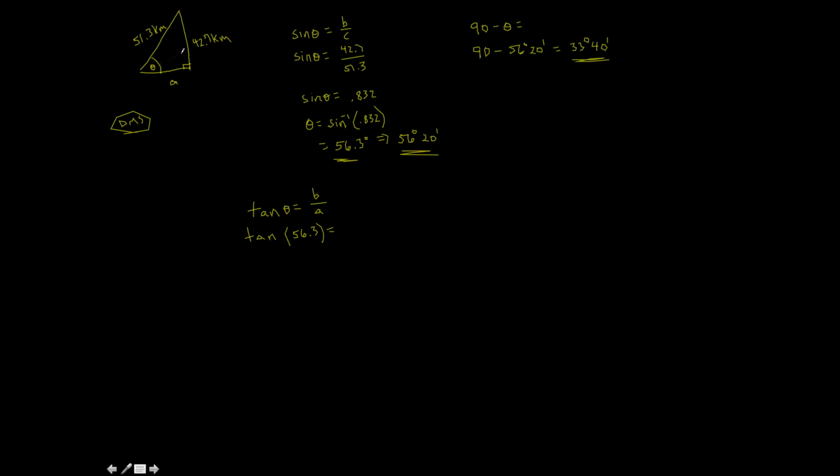Now, we know the opposite side from theta, but we do not know A. So tangent of 56.3 equals 42.7 over A. If you do your cross multiplication and division, you should get A to equal 42.7 divided by the tangent of 56.3.